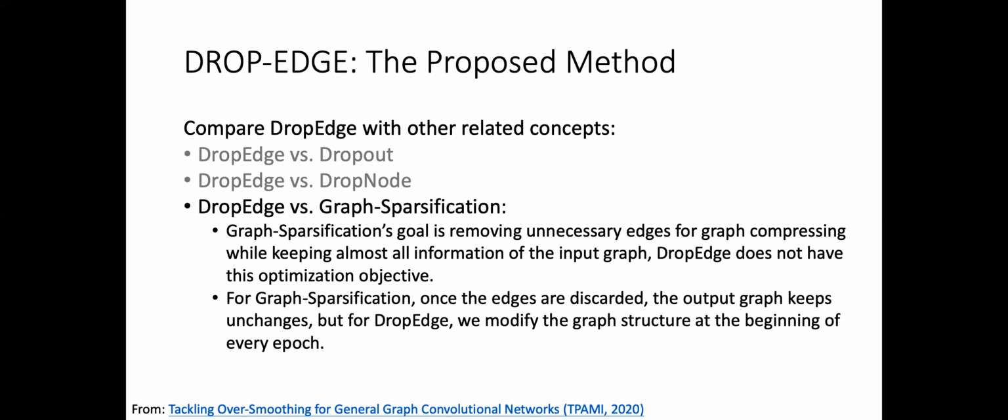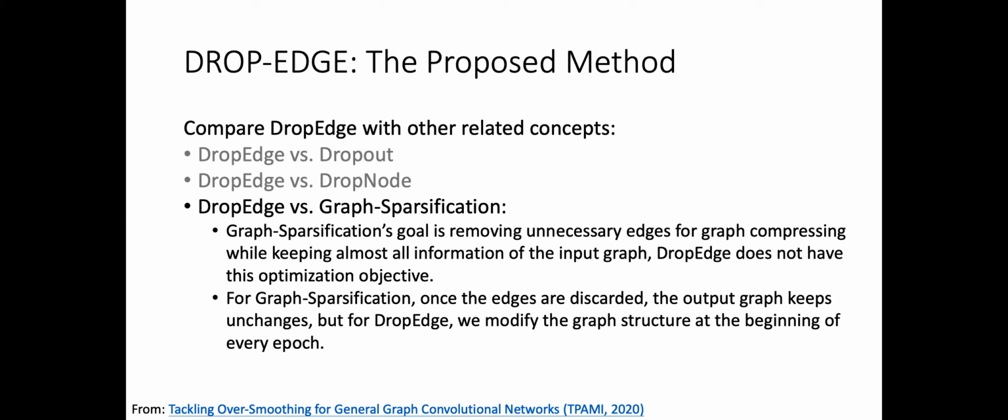And the last concept is graph sparsification. Graph sparsification is a very classic research topic, and a lot of people have already done related research in this field, but it is quite different from DropEdge. Its goal is to remove unnecessary edges for graph compression, keeping almost all information of the input graph. But for DropEdge, we do not have this kind of optimization objective.